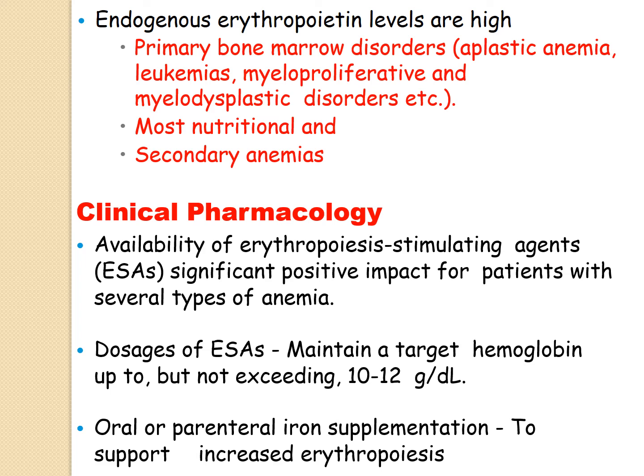We use them as a supplement to oral and parenteral iron to increase erythropoiesis. In some cases, the hematinic preparation, either oral or parenteral iron, fails to fulfill the demand up to 10 to 12 gram per deciliter of hemoglobin. We take the support of this agent to enhance erythropoiesis; this is the main clinical use of these agents.